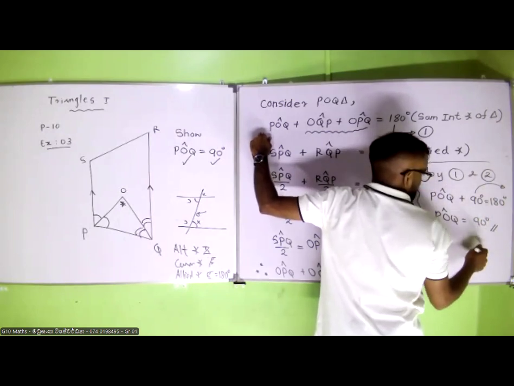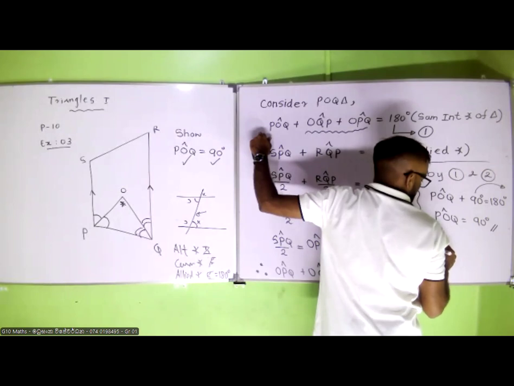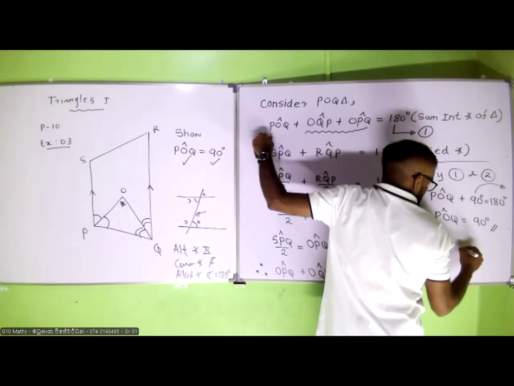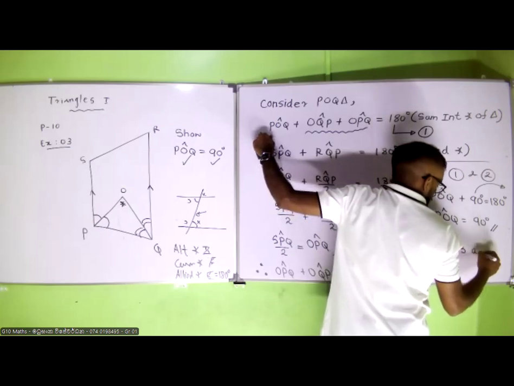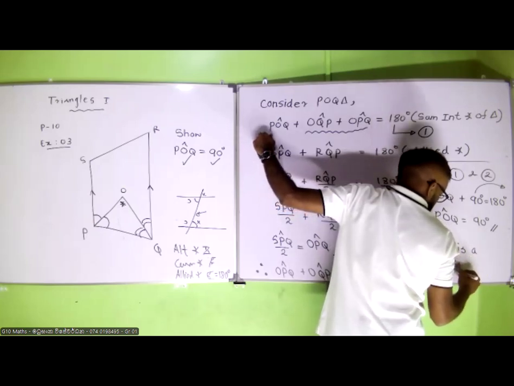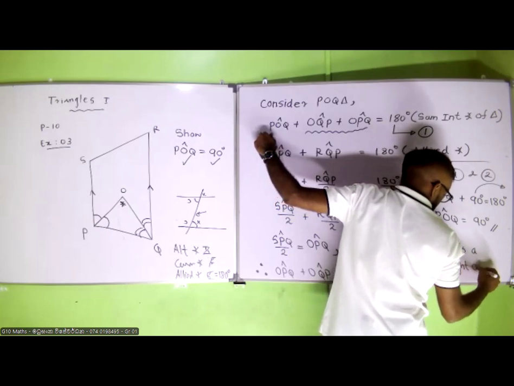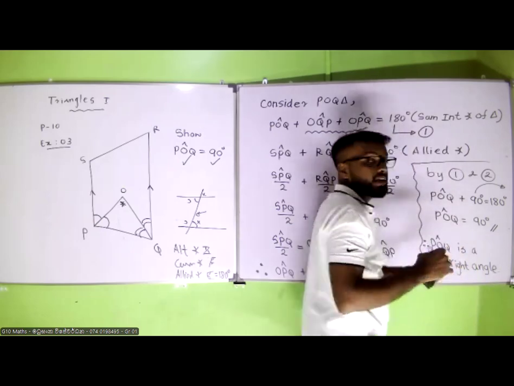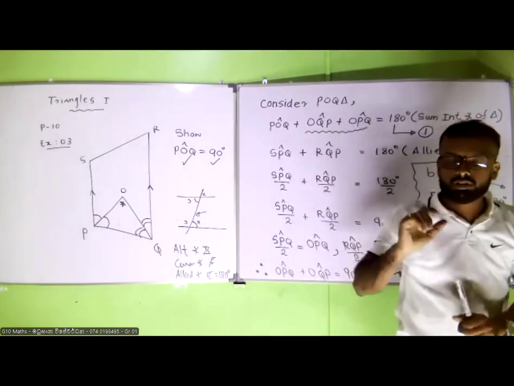Subtract 180 minus 90, 90. So POQ is therefore a right angle. Right angle.